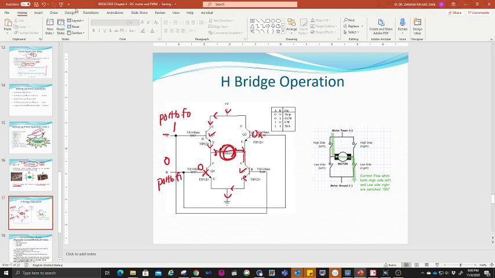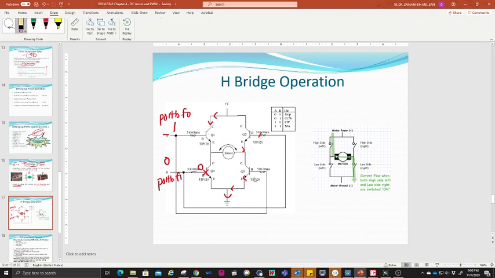Let's try to change it. Your port B, this is port BF0, this is port BF1, this is 1, this is 0, this is 1. Let's try this one. Now this is 0, this is nothing, and this is 1, and this is 1.